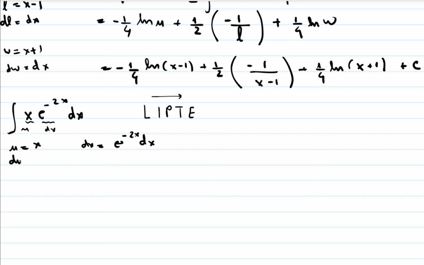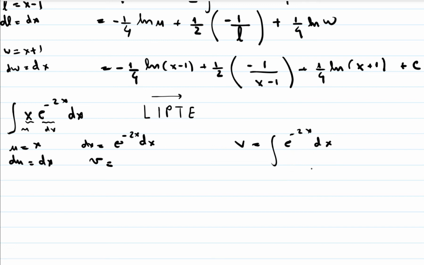So du is equal to dx. We found it. Now we have to find v from this point here. Now v is what? V is the integration of all of this. Now let us find the integral of this. So v is equal to the integration of e raised to minus 2x dx.